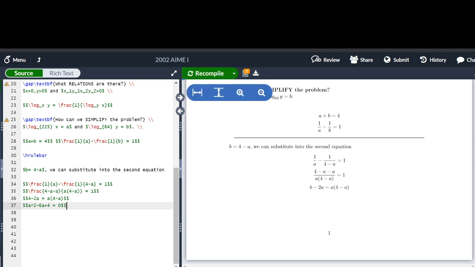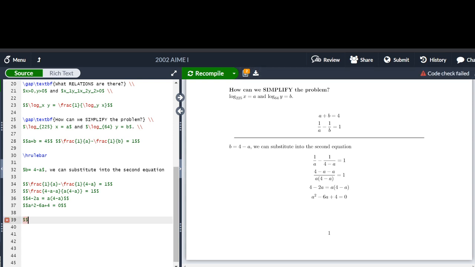And since this is a quadratic, we can just solve the equation. A is equal to 6 plus minus the square root of 6 squared minus 4 times 1 times 4 over 2 times 1, 2.